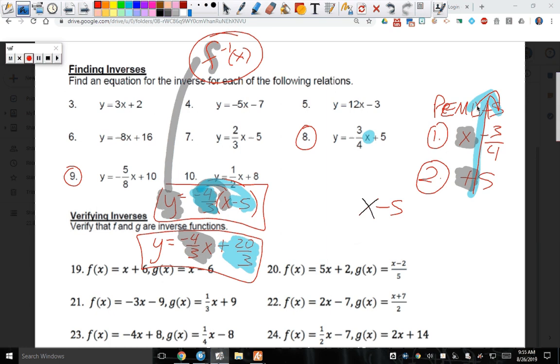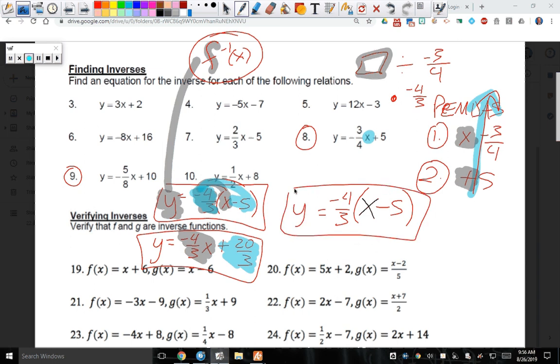Negative 4/3, the reciprocal. Dividing by negative 3/4 is the same as what you learned in 5th grade: keep, change, flip. So you're going to multiply by negative 4/3, and this is your inverse function.